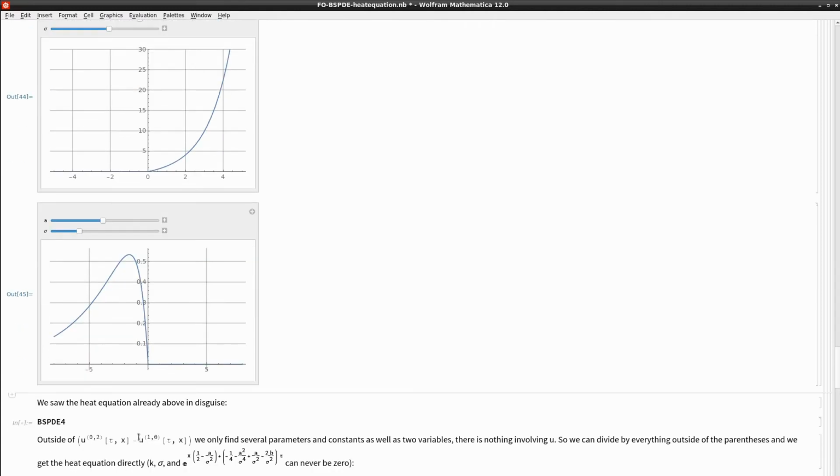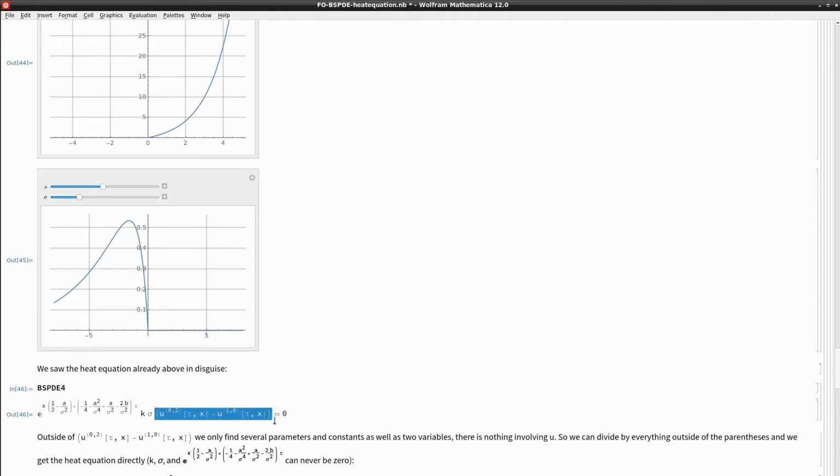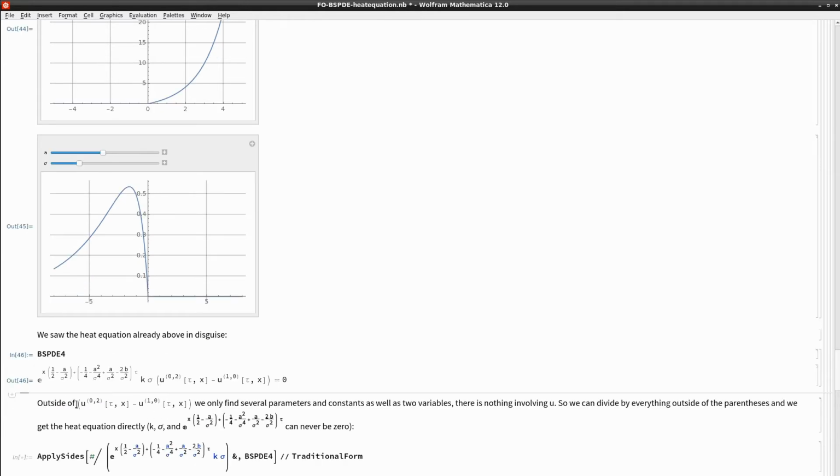And well, I don't want to beat a dead horse, but we already saw the heat equation in disguise, where we have this difference here multiplied with something that depends on independent variables but not on u. And outside of these parentheses, we only find several parameters that contain constants, variables, but nothing involving u.